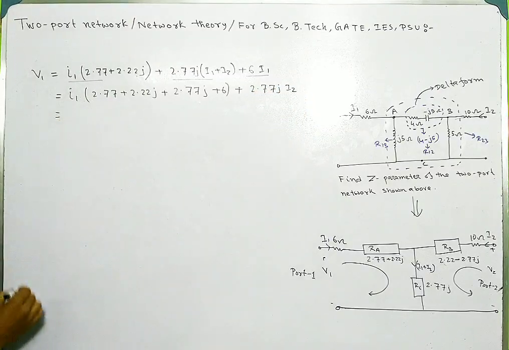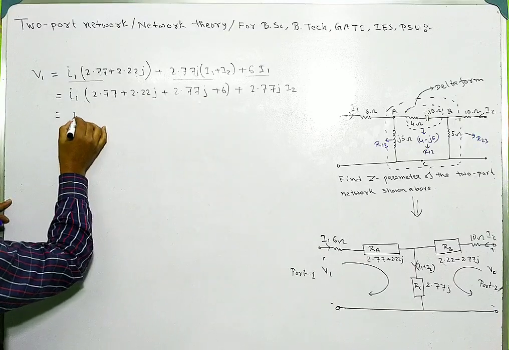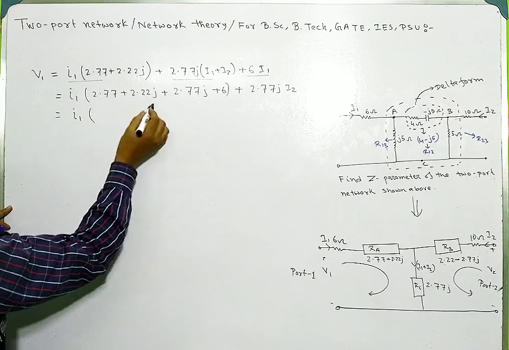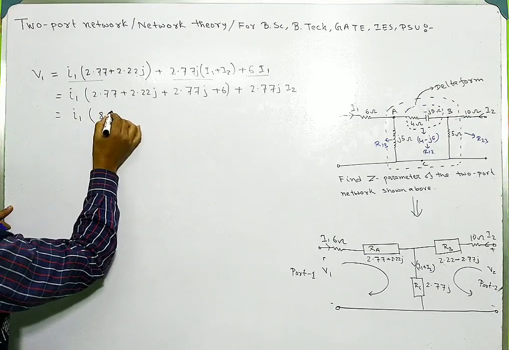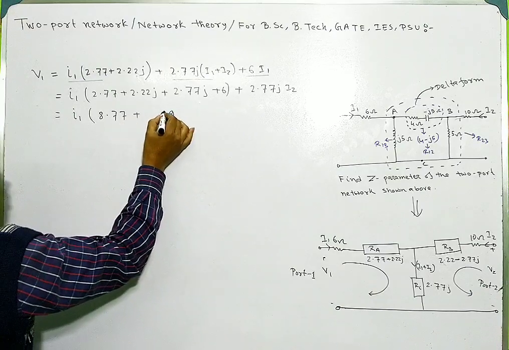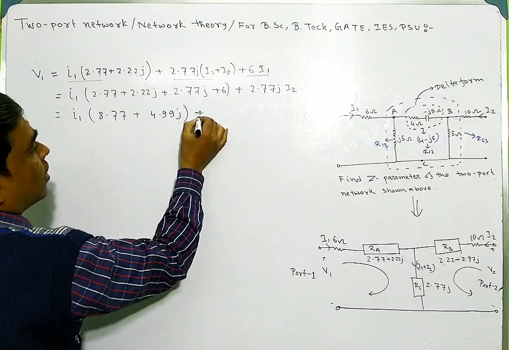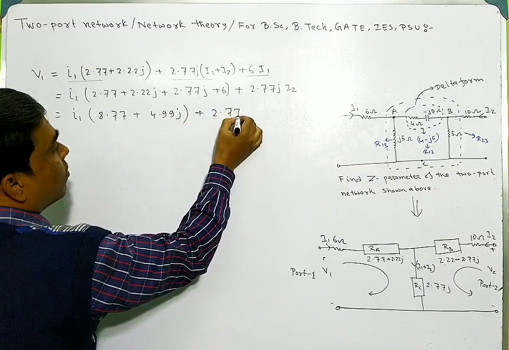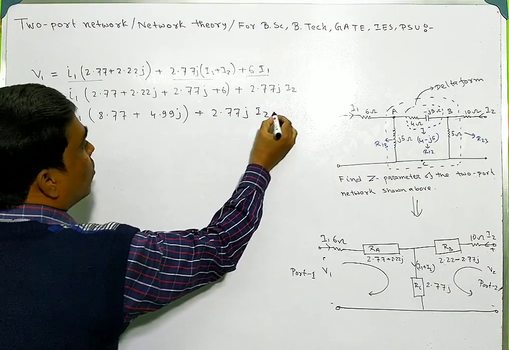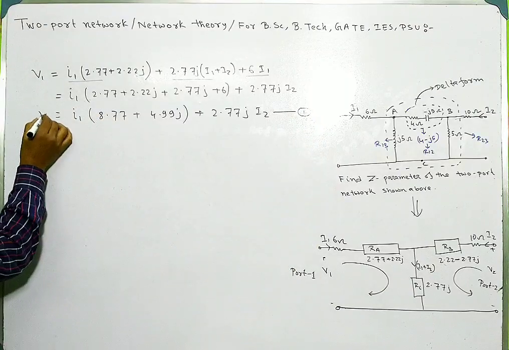So from this equation it will be 6 plus this, so it will be I1 into 8.77 plus 9.4J, and here it will be 2.77J into I2. So this is equation number 1. So this is V1.